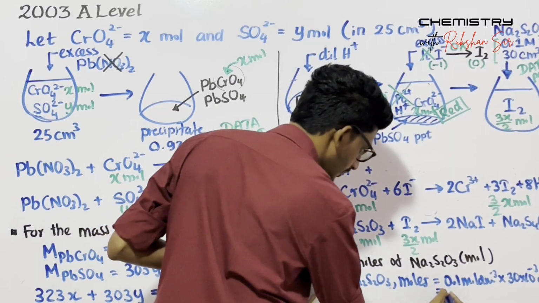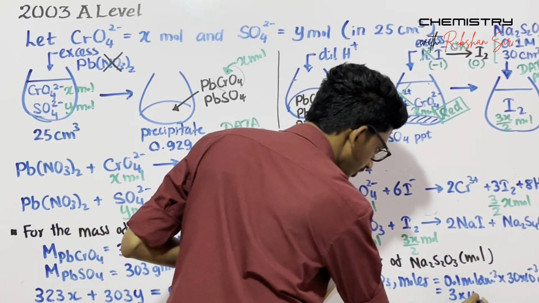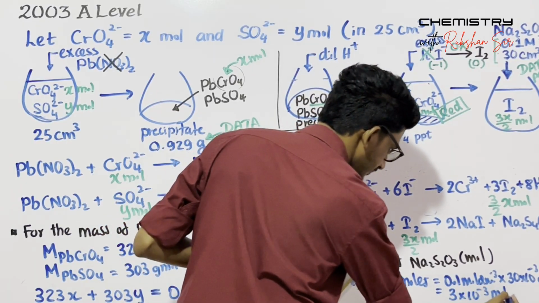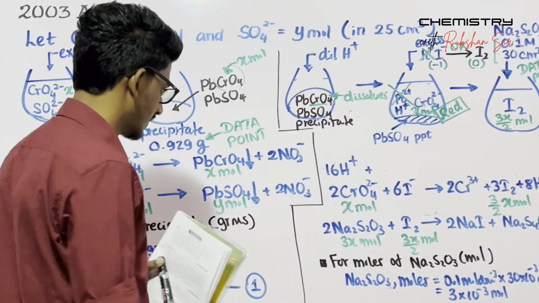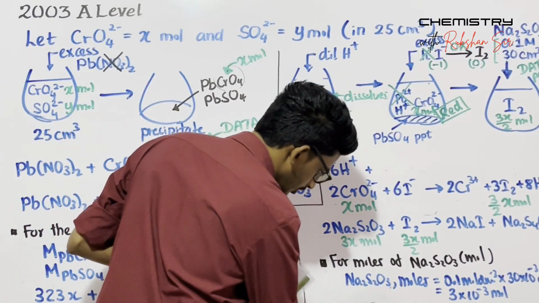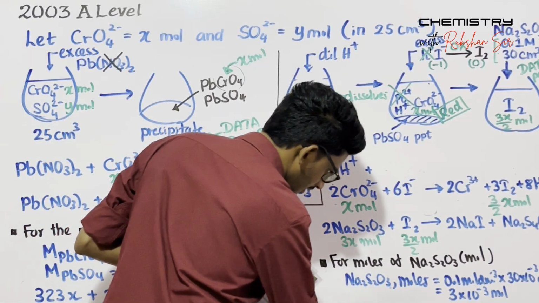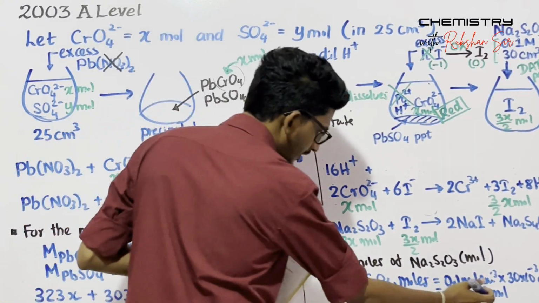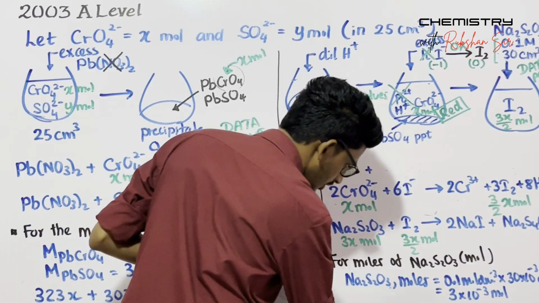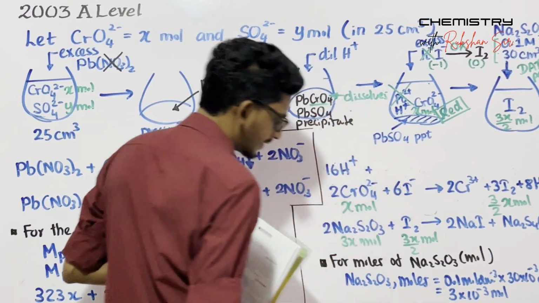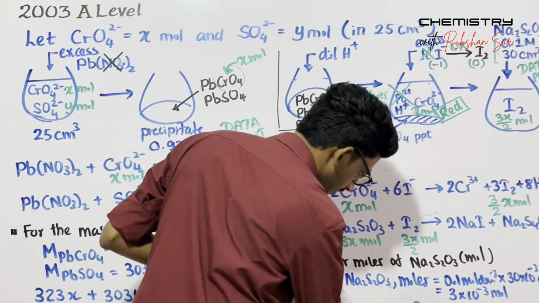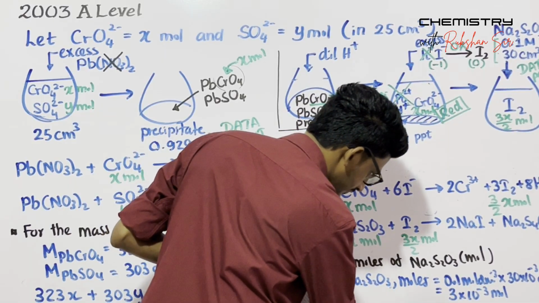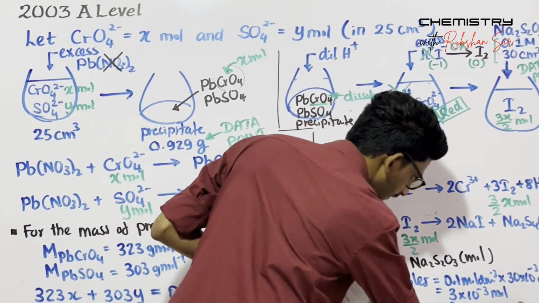That is equal to 3 into 10 minus 3. That value is equal to 3x moles. So your 3x is equal to 3 into 10 minus 3, that is your second equation.